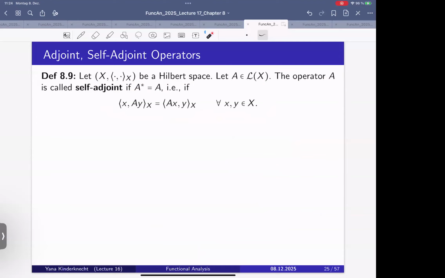I hope this definition is clear. And let me ask you, do you know any examples of self-adjoint operators? You should know something from linear algebra, for example.